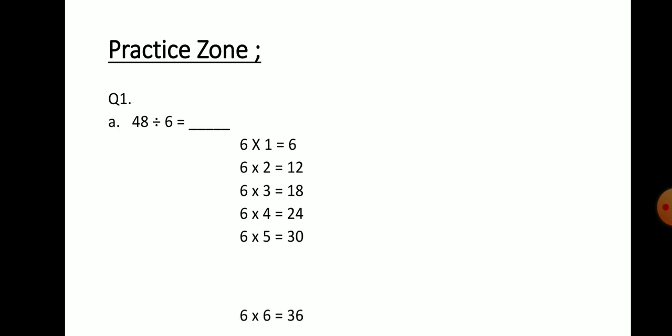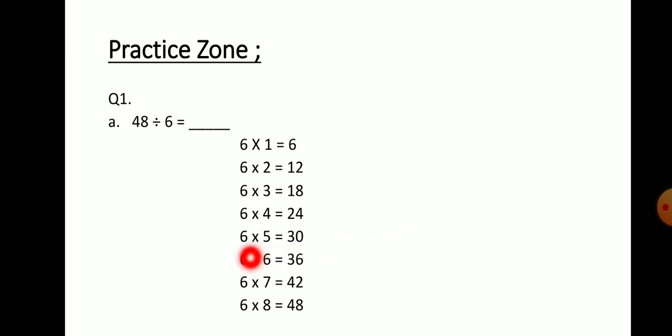So 1 times 6 is 6, 2 times 6 is 12, 3 times 6 is 18, 4 times 6 is 24, 5 times 6 is 30, 6 times 6 is 36, 7 times 6 is 42, and 8 times 6 is 48. Here you stop recalling the table of 6 because we have our product 48.